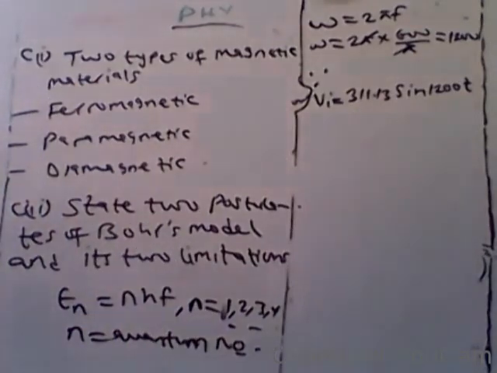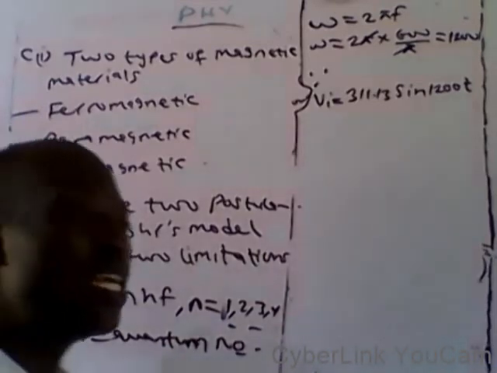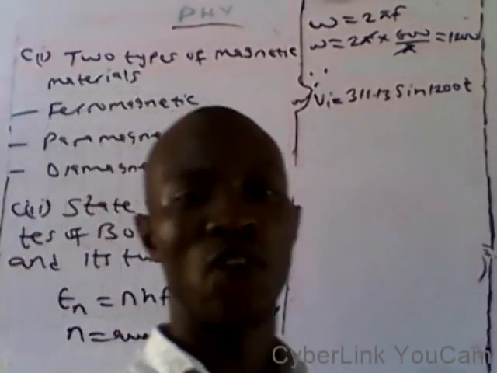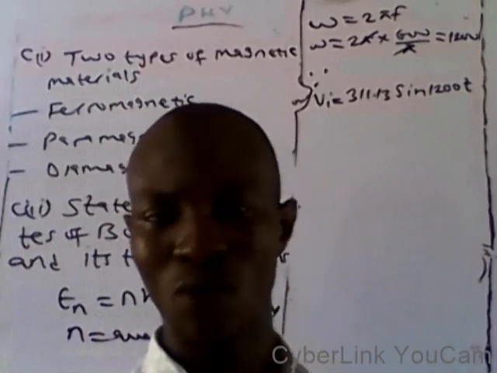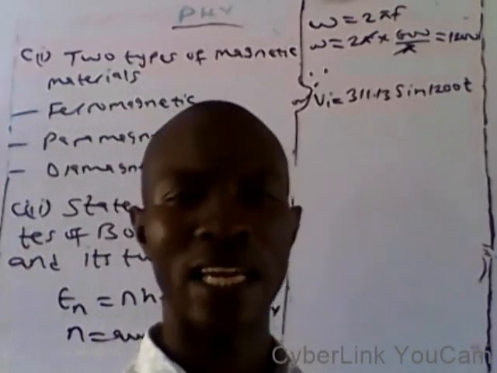The two limitations of Bohr are: first, it could not explain how fixed orbits for electrons are chosen at ground state. And the second one is that it only accounted for hydrogen atoms or hydrogen-like atoms.